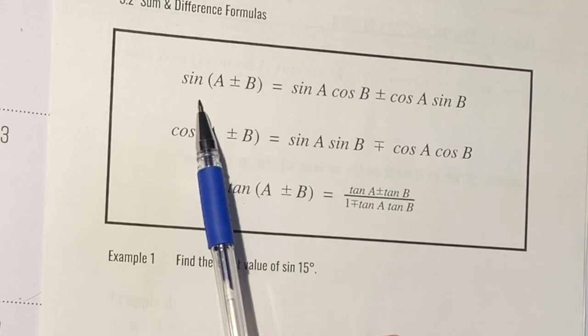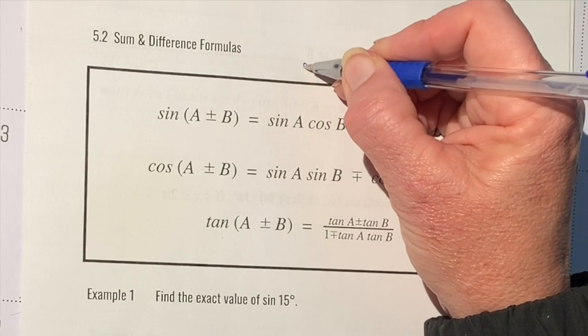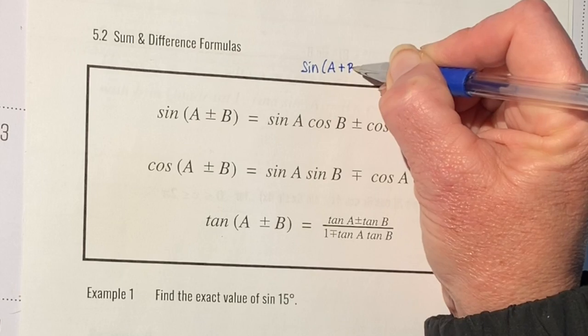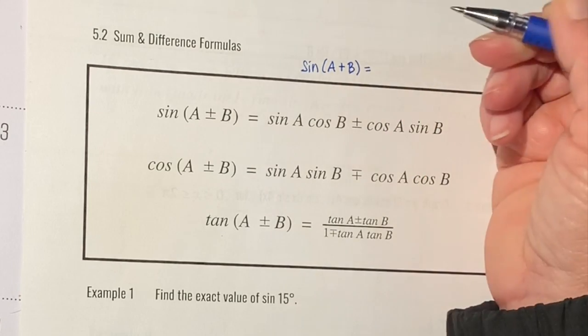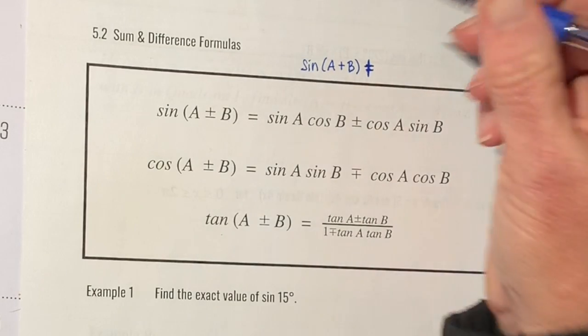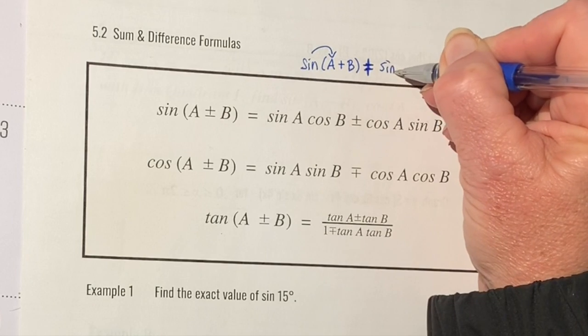Now, the biggest thing to avoid, let me make a note up here to be careful of. Let's say I'm going to go with sine as this example. Say I have a sine of the sum of two angles. And this does not equal this. You cannot do this.